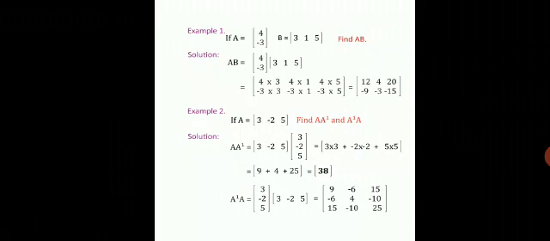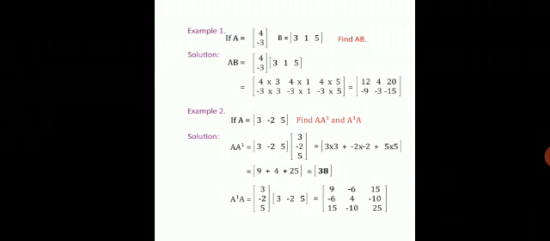That is, A into A dash is equal to, write down matrix A as it is, that is 3, minus 2, 5, and transpose of A, row matrix becomes column matrix, 3, minus 2, 5.